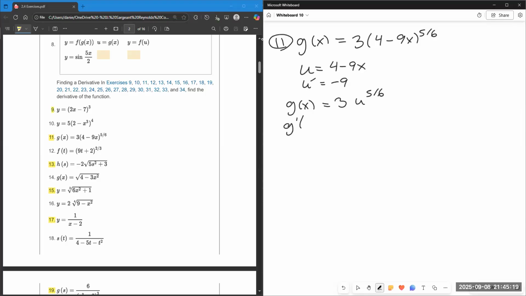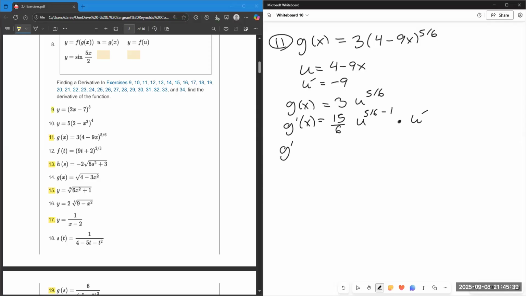G prime of x is going to be 3 times 5 is 15 over 6, u to the 5/6 minus 1 times u prime.